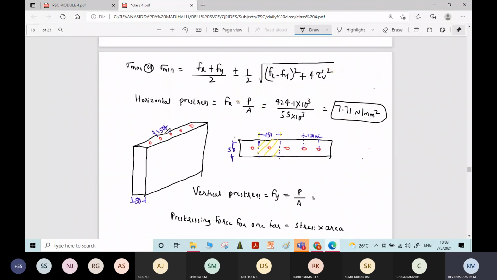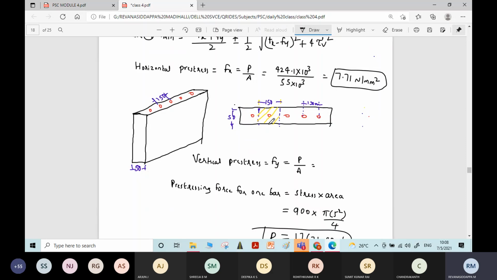So if you know the total number of bars along the length of the beam, you can calculate it like Fx. Here the total number of bars is not given in the problem. He has just given the spacing and the diameter of the bar. So if only spacing and diameter are mentioned, this is how we calculate the vertical pre-stress.